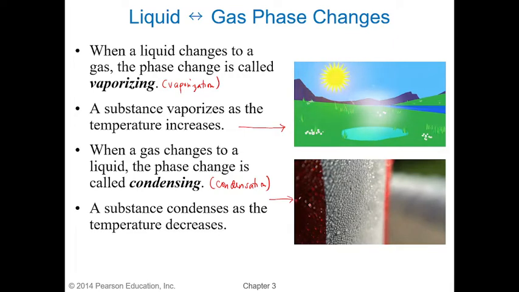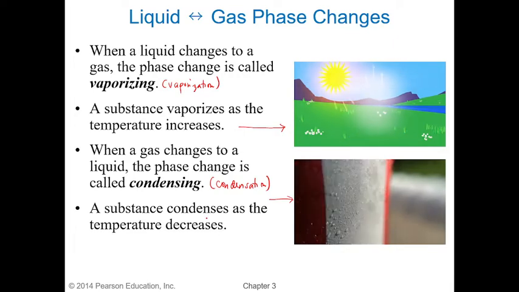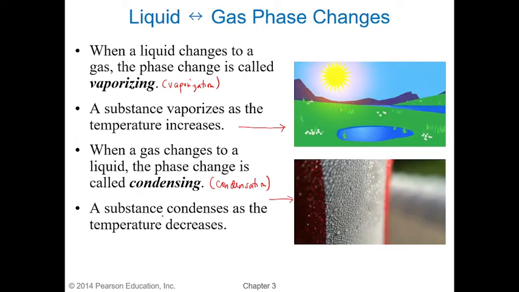So that is called condensation. And condensation only happens if the temperature decreases. So again, the reverse of vaporization. You should decrease the temperature in order to condense your gas back to liquid.